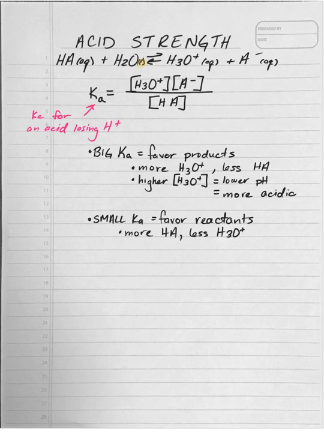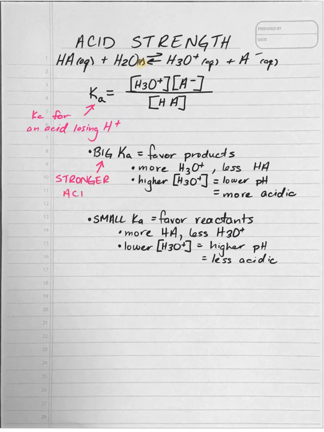That's going to lead to a lower H3O+ concentration, and that's going to mean a higher pH and a less acidic solution. So a big Ka gives us a stronger acid, and a small Ka gives us a weaker acid.